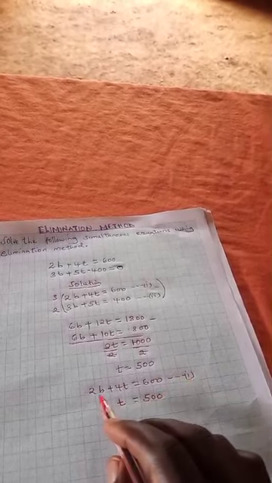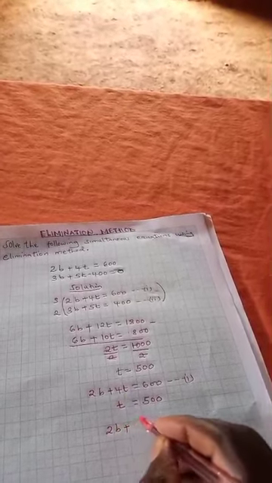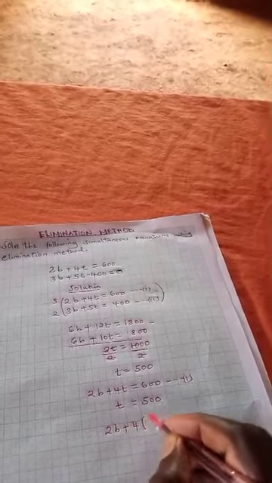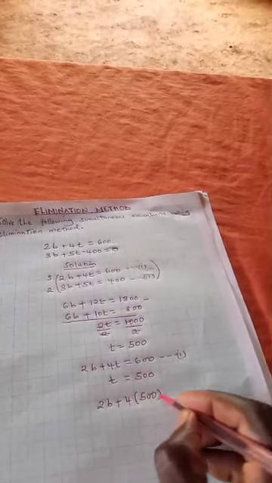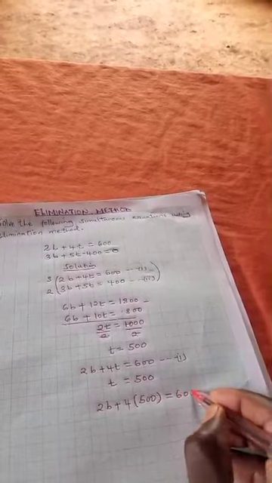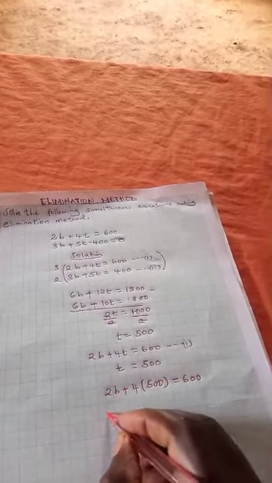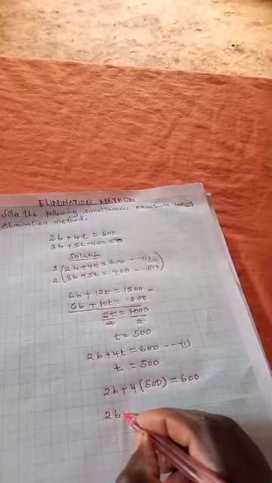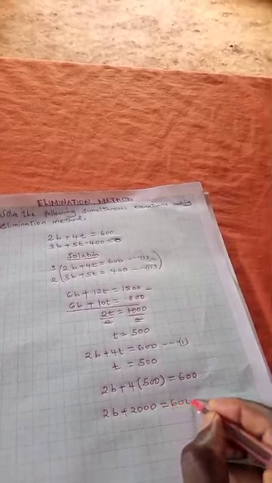We can get the value for b by substituting what we have into the respective positions. So we have 2b plus 4, we already have our t as 500, so this is 500, is equals to 600. So when you multiply this, you'll get 2b plus 2000 is equals to 600.